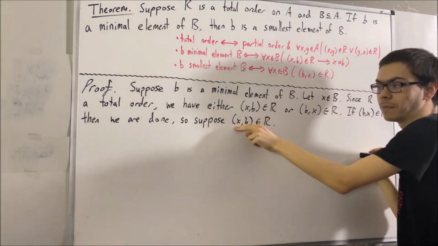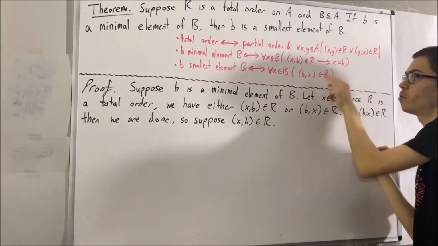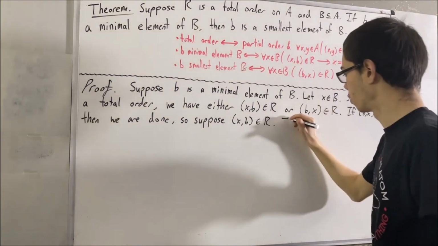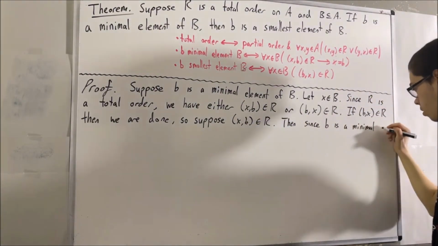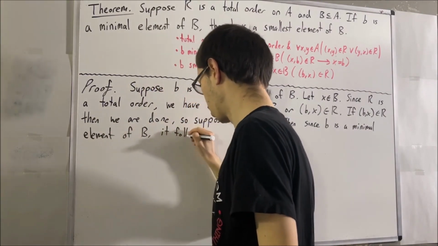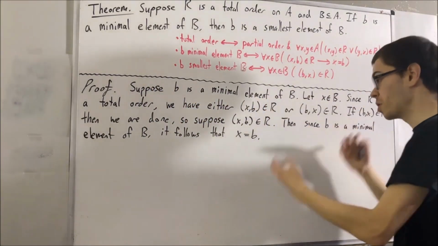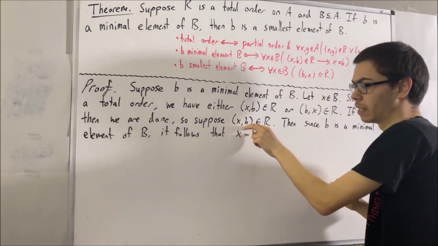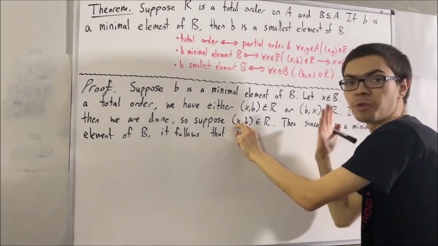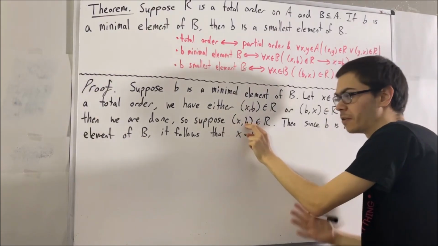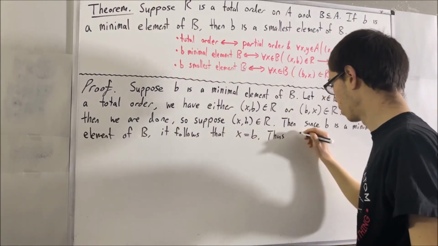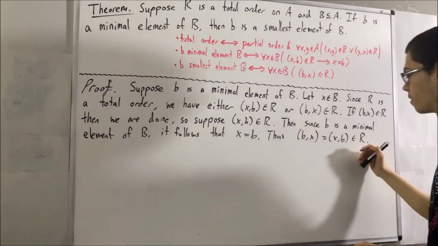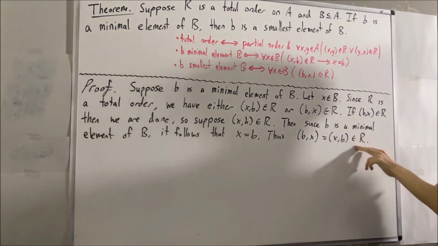But (x, b) is an element of R, so we can conclude that x is equal to b. So, since x is equal to b, we can take (x, b) and replace x with b and replace b with x. So we get that (b, x) is an element of R.